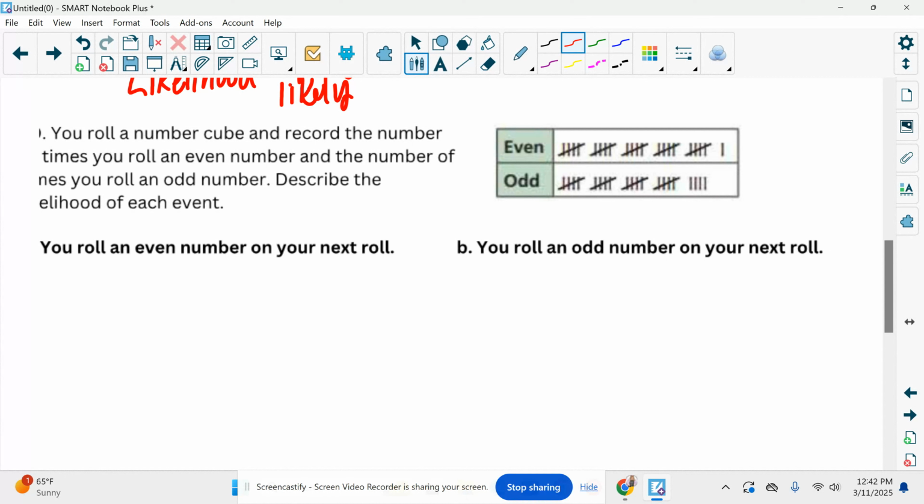Alright, how many times did we roll an even number? 26 out of a total of 50, which gave me a percent of 52. So what is that likelihood? Likely.